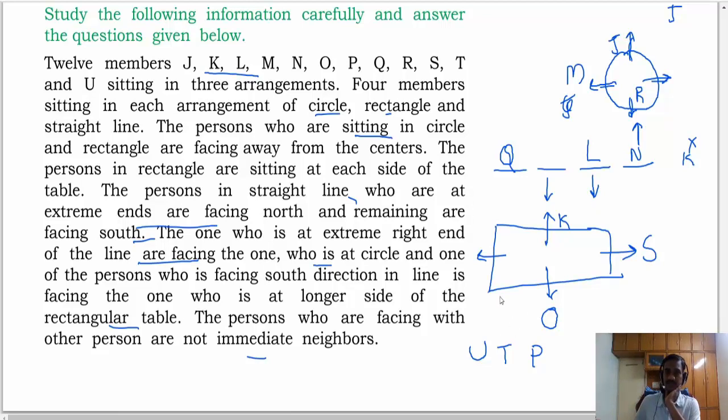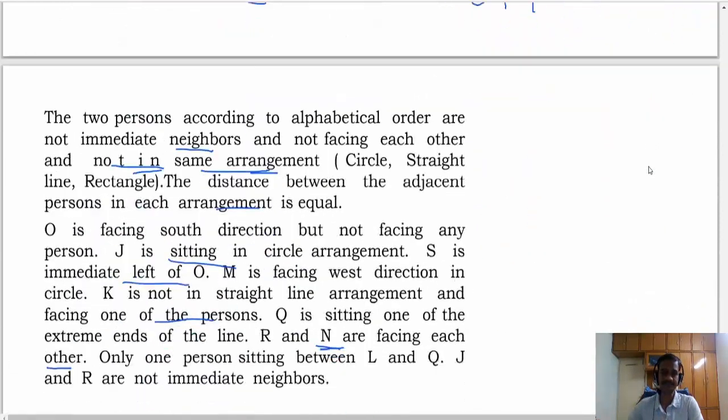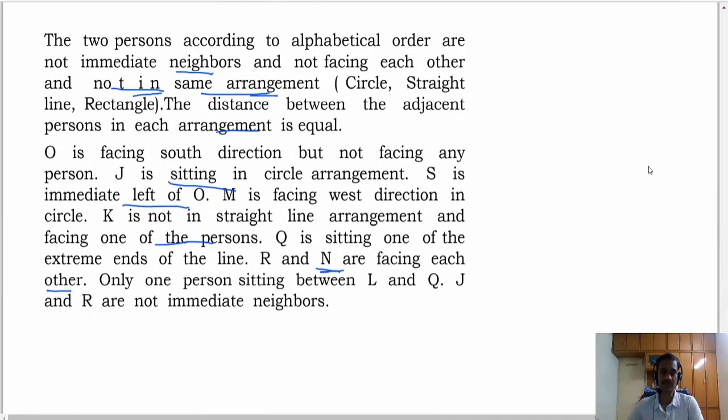T cannot be at this place. T ఎక్కడ ఉండకూడదు. ఎందుకు చెప్పండి, T ఎక్కడ unte S and T are opposite. They should not. As T cannot be here, T can be here or T can be here, isn't it? And J is one and K is here. K and N are opposite to each other. Q is sitting on one of the extreme ends.